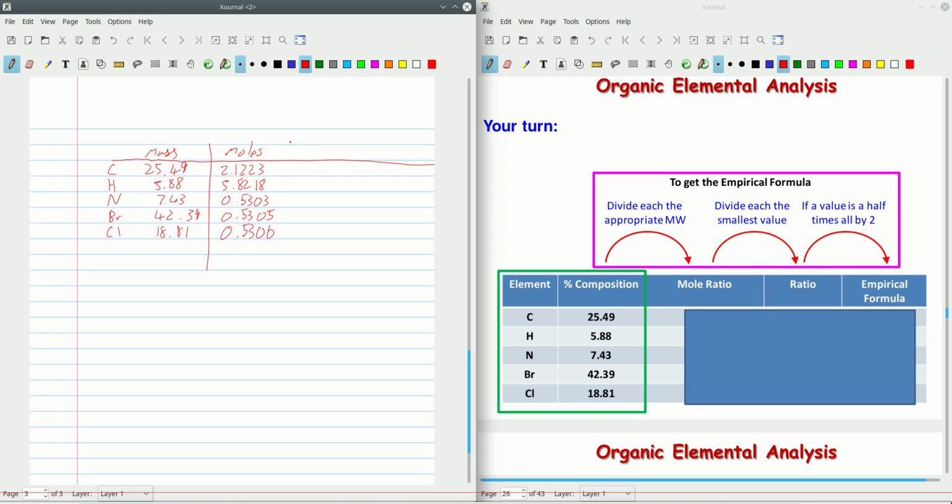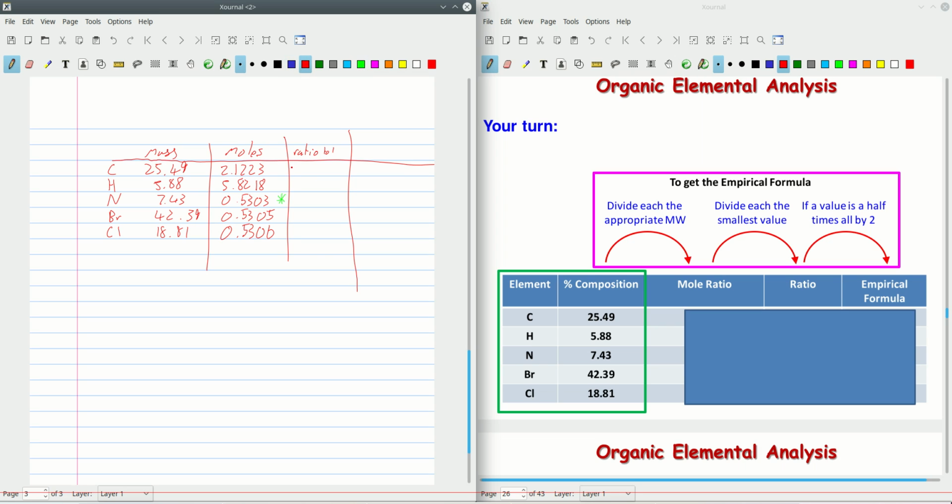So we're going to divide by the smallest to get the ratio to 1. The smallest is this number, although you could use the bromine or chlorine result because they're the same within experimental error.